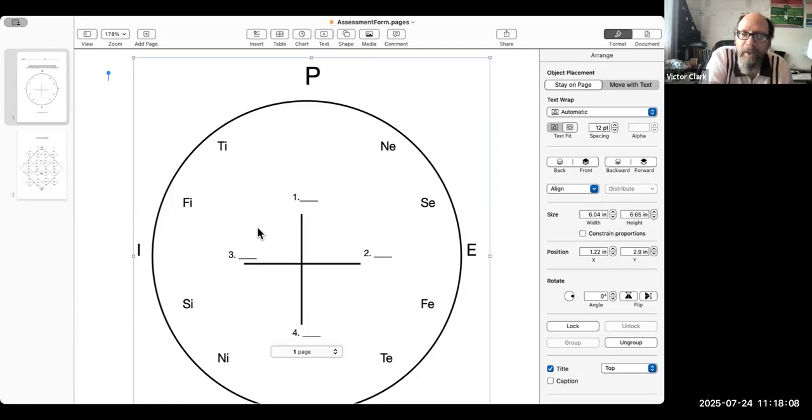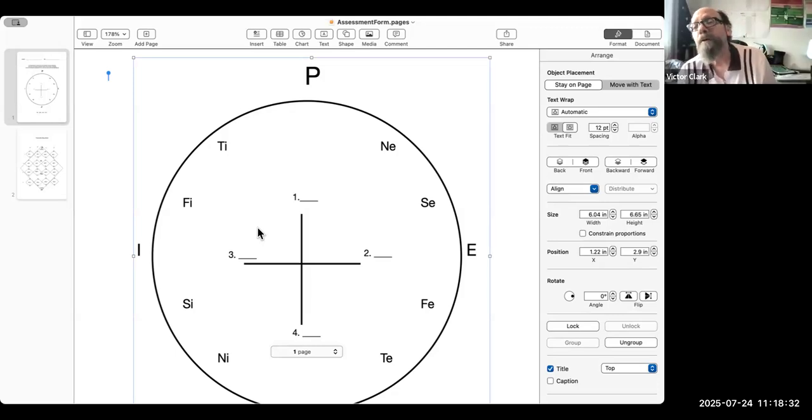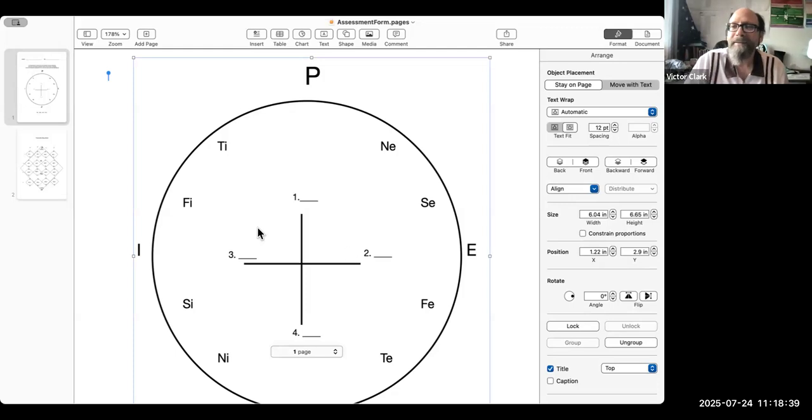From these two points, the dominant and auxiliary function, you can figure out the whole configuration of what I call the psychological types, because they're not necessarily expressed in the personality until maybe later in life, or they may be partially expressed if they've been developed. Any questions on that?